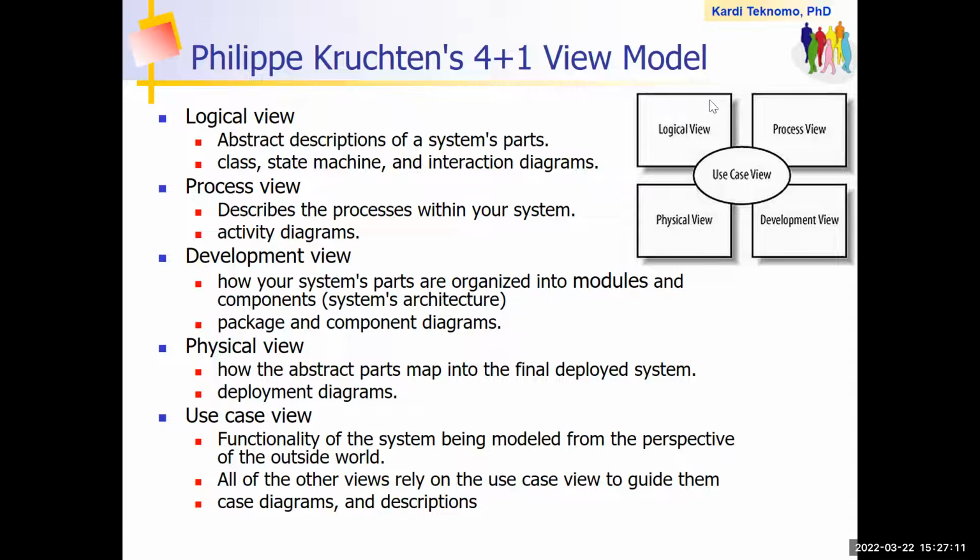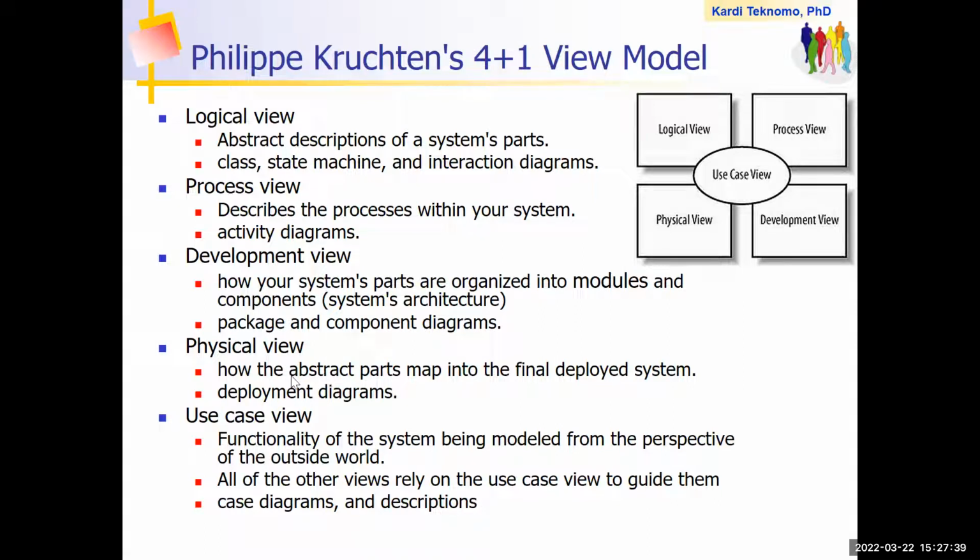And then you can have what is called the logical view. In this case, you have the class diagram, state machine diagram, and interaction diagram. And then you can see the process inside the software. In that case, you will draw what is called an activity diagram. Now, if you want to develop and send this software to other people, we have what is called the package and component diagram.